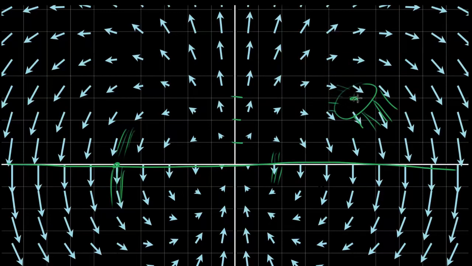So on the whole, in a region around this point, the fluid is going away. And anywhere where y is positive, the same is true: fluid does flow into it, but the vectors going out of this region are larger. So you'd expect, on the whole, for things to diverge away from that point.